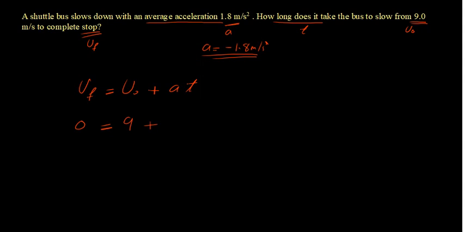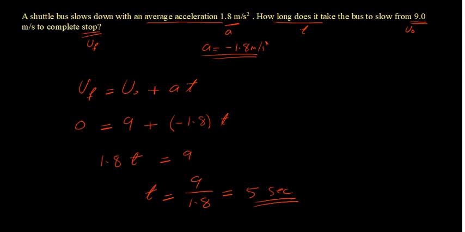Here the acceleration is negative 1.8, and t. Now simply, 1.8 t equals 9, and t will be 5. It's going to take the bus 5 seconds to stop completely, or to drop the velocity from 9 to 0 meters per second.